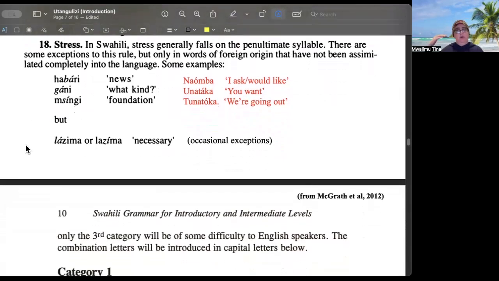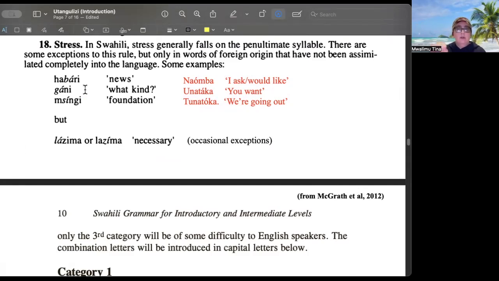Just like the vowels are always the same, as we discussed in the beginning, so is stress. The stress in Kiswahili always falls on the second to last syllable. There are very few exceptions to this rule. So you automatically know where to put the stress. For example, we have habari. If there are only two syllables, then the stress is on the first syllable because it is still the second to last syllable.